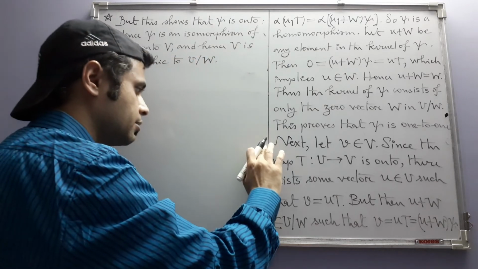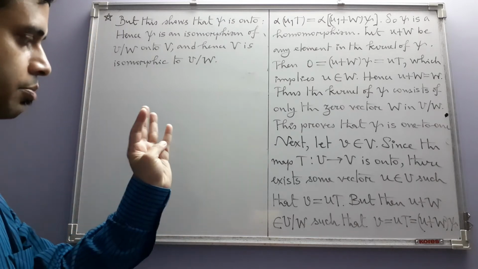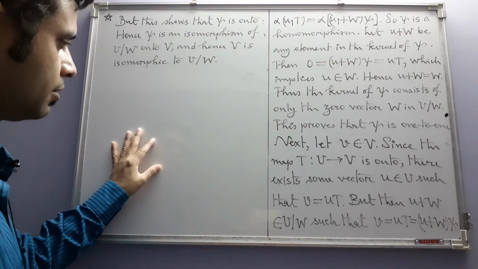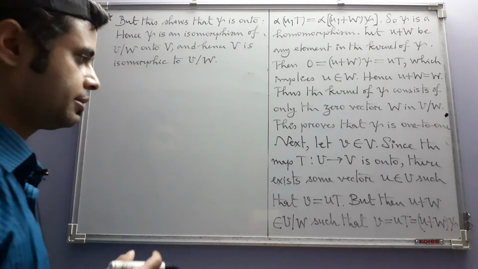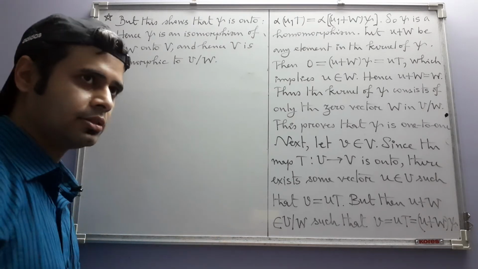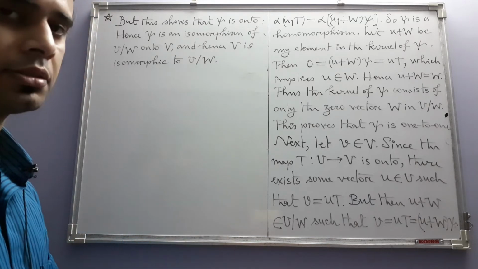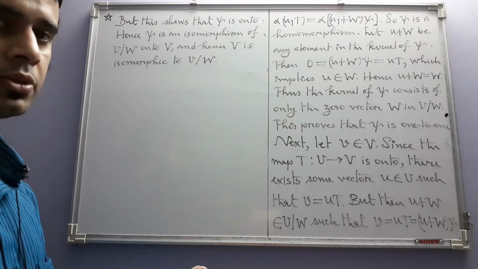So you see that the same things happen in groups, rings, as well as vector spaces. What is that thing? There is a one-to-one correspondence between homomorphic images of a group and its normal subgroups.